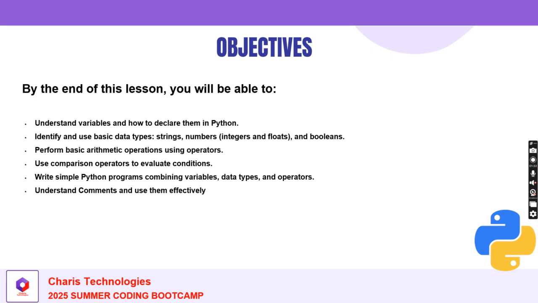You'll be able to identify and use basic data types, strings, numbers, and booleans. You should be able to perform basic arithmetic operations using operators, use comparison operators to evaluate conditions, and write simple Python programs combining variables, data types, and operators. Also, you should be able to understand comments and use them effectively.